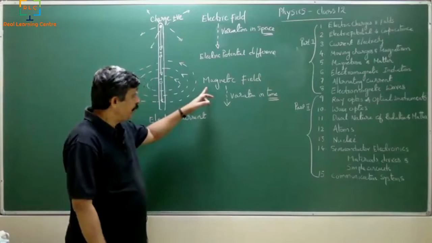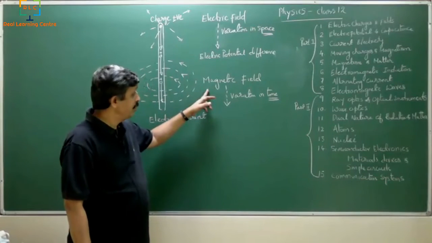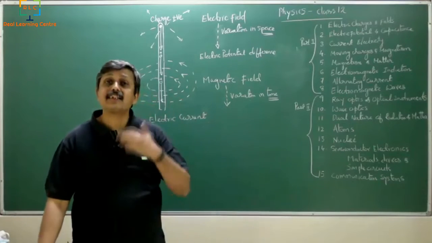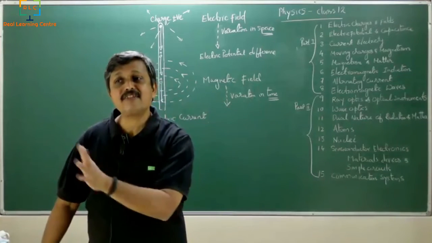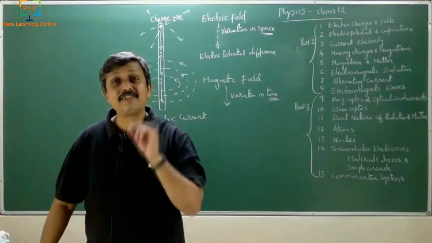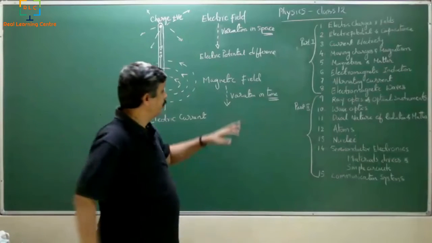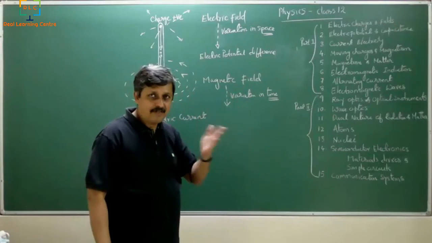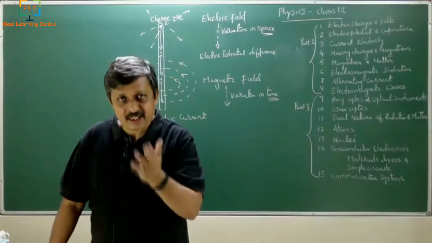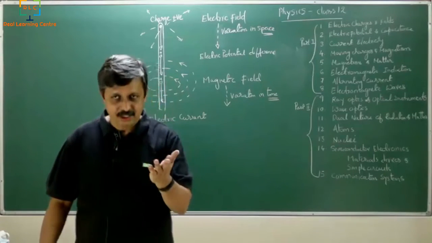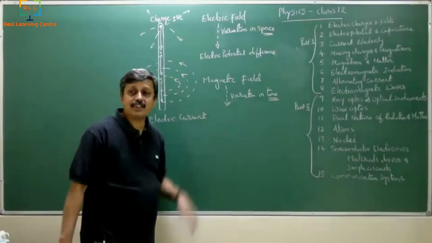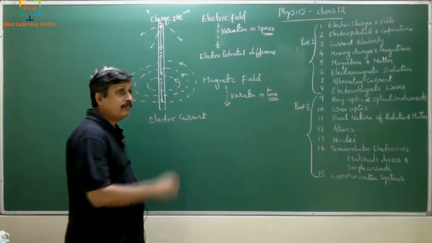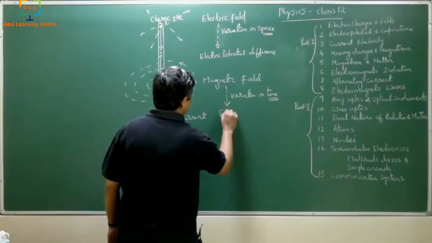Whereas for the magnetic field, I am talking about variation in time. That means at the same point in space, every few fractions of a second, its value is changing. Such a thing is called variation in time. When the magnetic field is varying in time, it will produce an electric field.